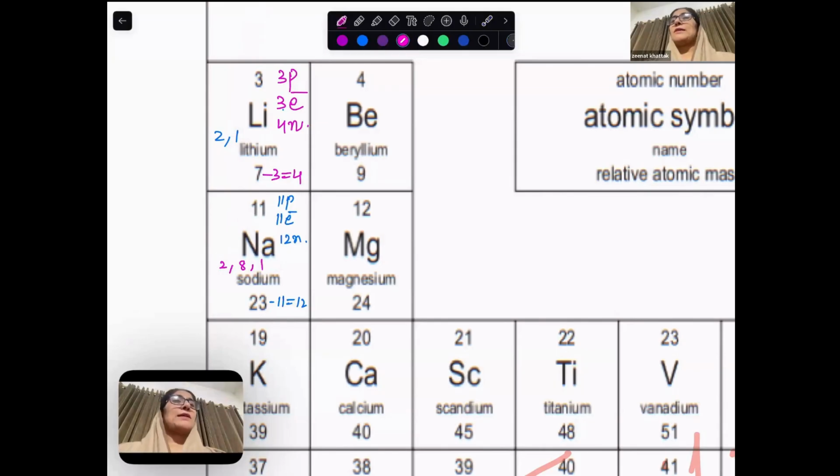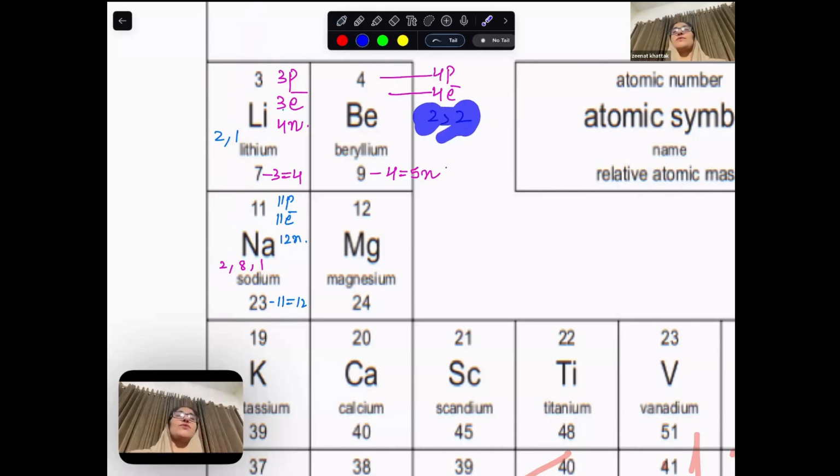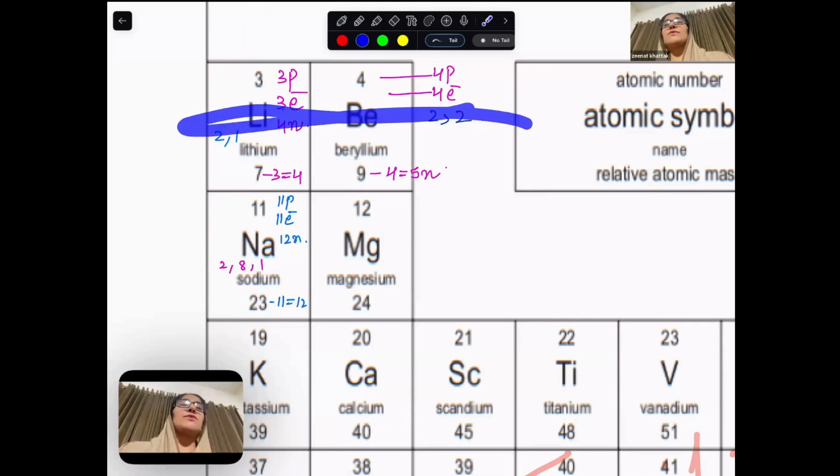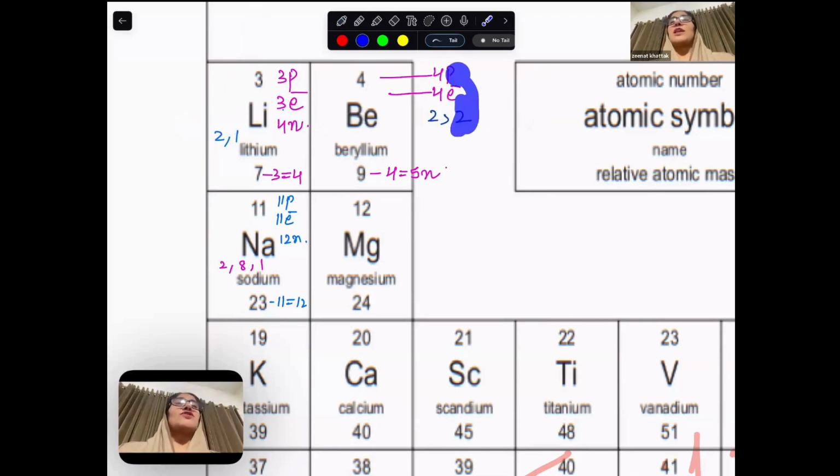Look. Beryllium: 4 protons, 4 electrons, and 5 neutrons. 4 electrons, 2 in the first, 2 in the last. How many shells? 2. Period number is 2. How many electrons in the last shell? Group number is 2.